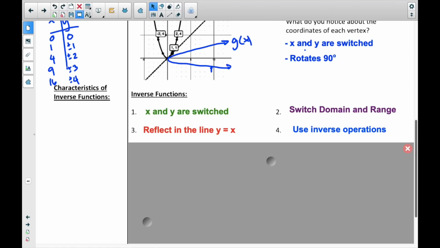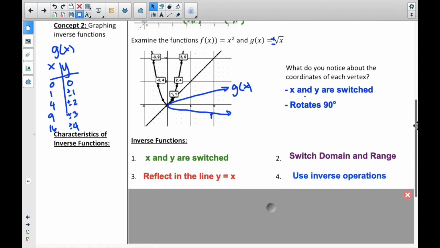Number 4, they use inverse operations. And if we just talk about that in a casual way with our vocabulary, we know that x squared and square root of x are inverses of each other. And so they use inverse operations. By the same token, if this was x plus 5 and this was x minus 5, that might be an indication that these are going to be inverse operations, that they are going to be inverse functions.